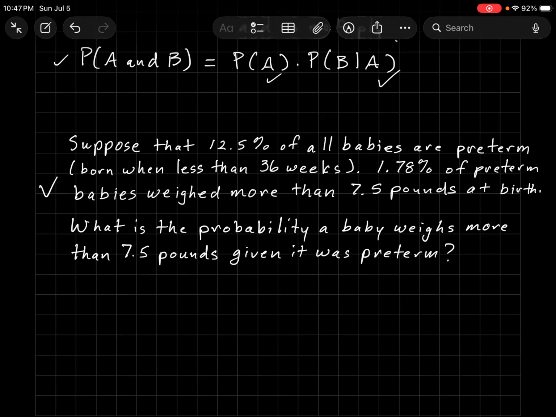Okay. So if I look down at my question itself, this is going to help me set up things that I need. It's going to help me find kind of what A and B are. So I'm asking, what is the probability a baby weighs more than 7.5 pounds given it was preterm? Do you agree or not that this is my probability of B given A? How do I know that? Because it basically says it here, right? What's the probability of something given something else?